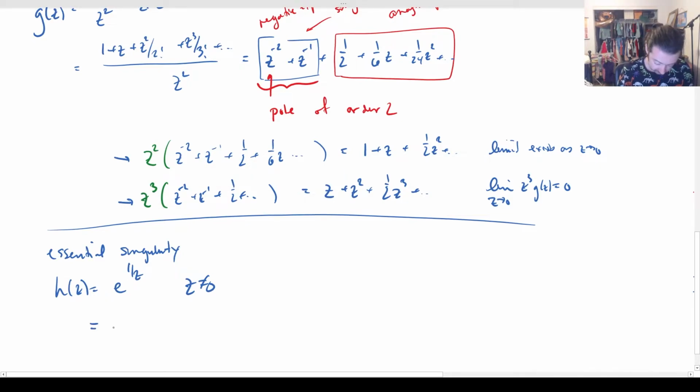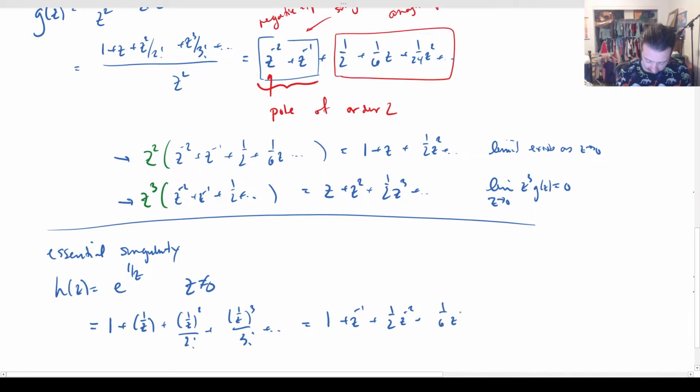If we do that expansion, we get 1 plus 1 over z plus 1 over z squared over 2 factorial plus 1 over z cubed over 3 factorial, and so on, which normally we write as 1 plus z to the minus 1 plus 1/2 of a z to the minus 2 plus 1/6 of a z to the minus 3, and so on. And the negative powers of z never stop. So there are infinitely many negative powers of z.